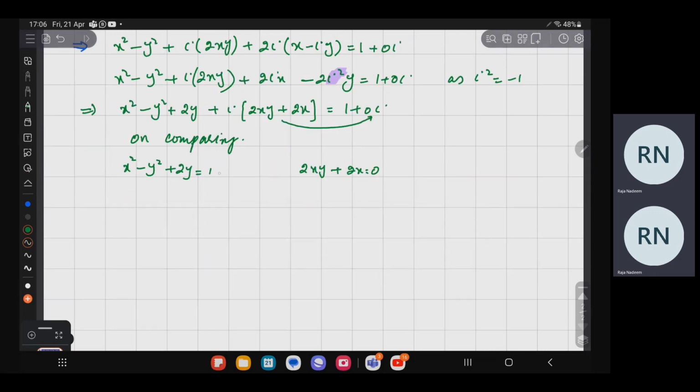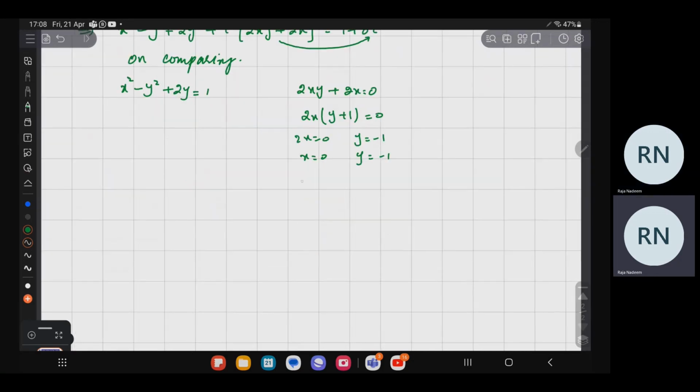Now we need to solve these two equations as simultaneous equations. If I write 2x as common, it would be 2x times (y plus 1) equal to 0. So 2x is equal to 0 or y is equal to minus 1. So x is equal to 0 or y is equal to minus 1.